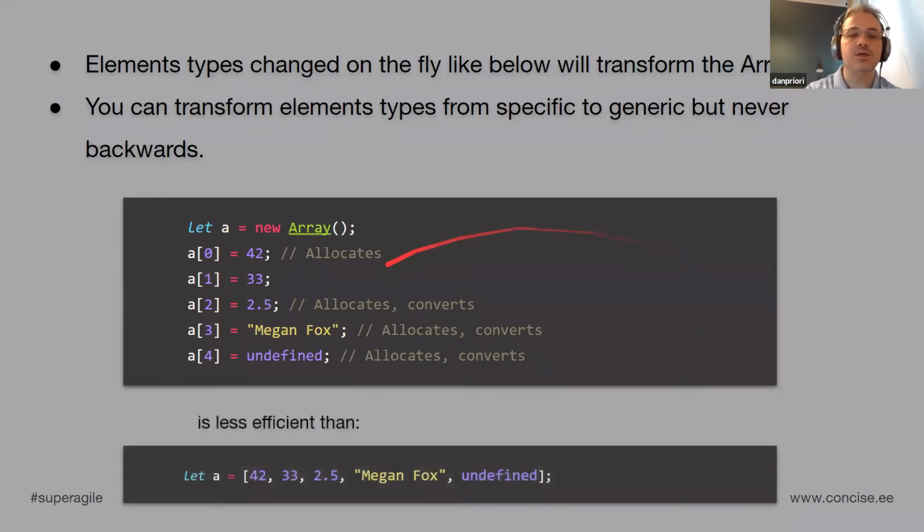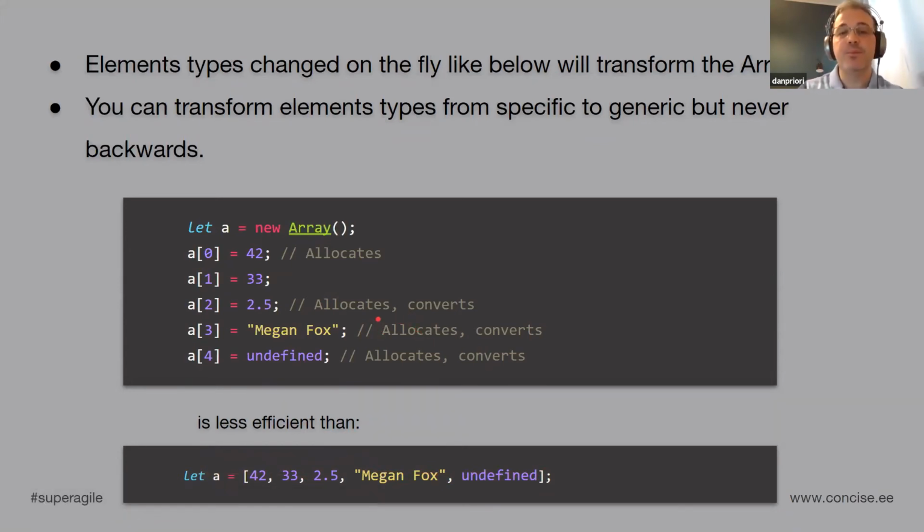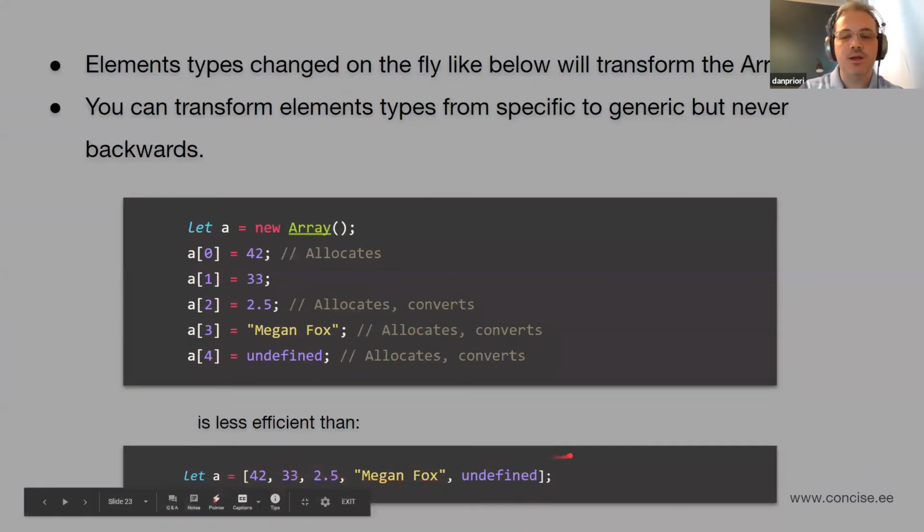So this strategy to populate the array is much less efficient than populating it at once in one single shot. If you know all this information in advance, instead of populating inside some for loop, try to use this, because it will convert only one time.